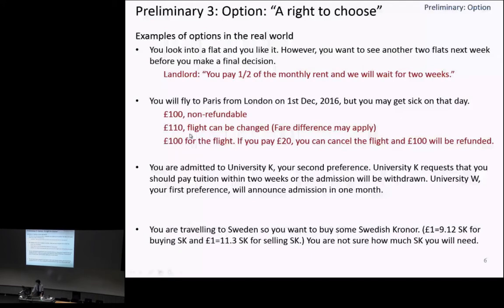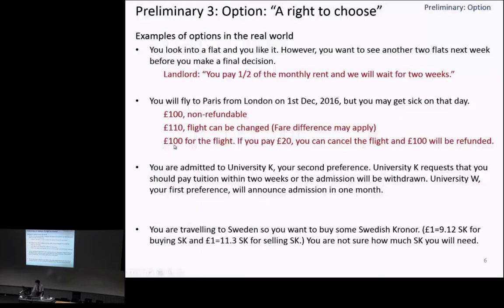Of course, you can buy a non-refundable ticket for £100. They might also sell a changeable ticket for £110. And in that case, £100 is the price of the flight, plane ticket, and the extra £10 is the price of the option for you to change your flight before departure.